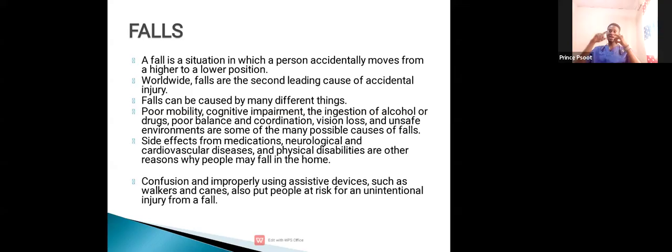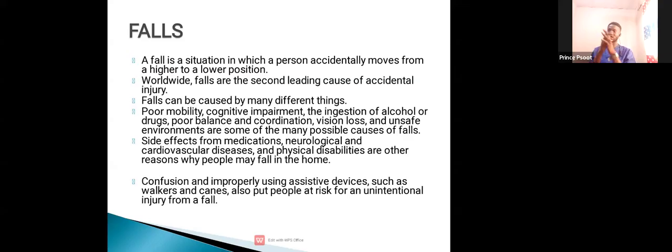Falls can be caused by many different things, like poor mobility, cognitive impairment, ingestion of alcohol or drugs, poor balance and coordination, vision loss, and unsafe environments. Other possible causes are side effects from medications, neurological and cardiovascular diseases, and physical disabilities.